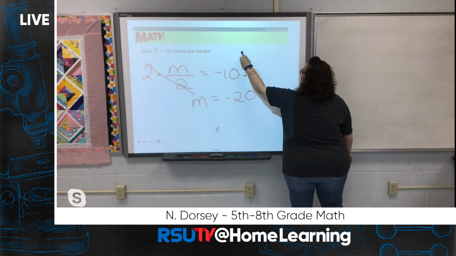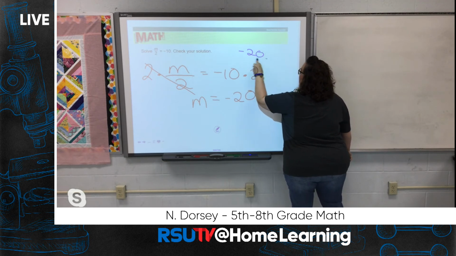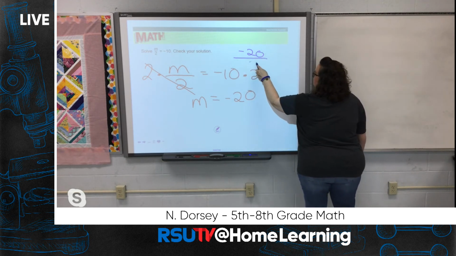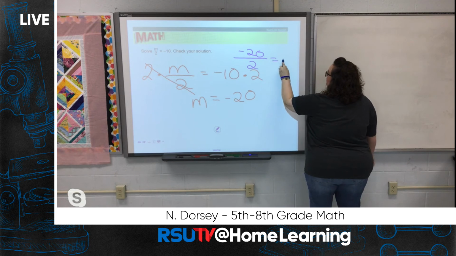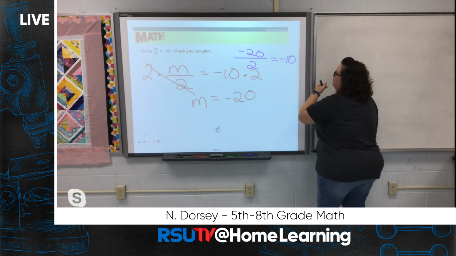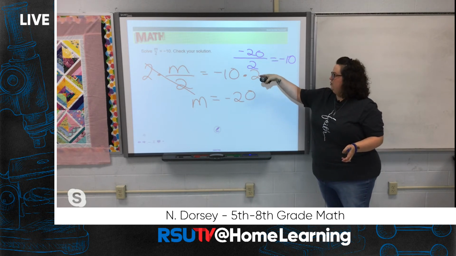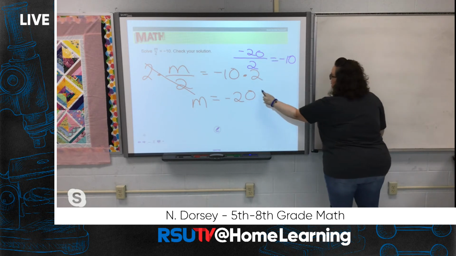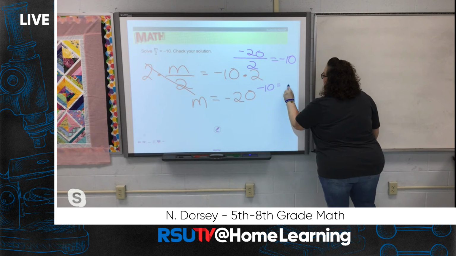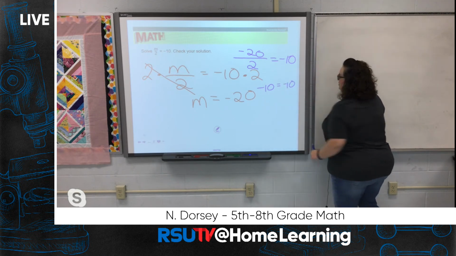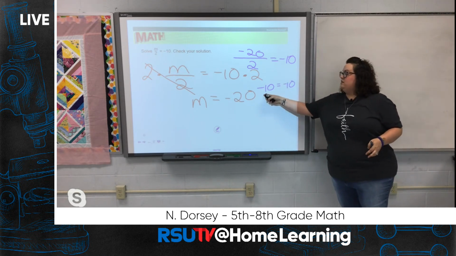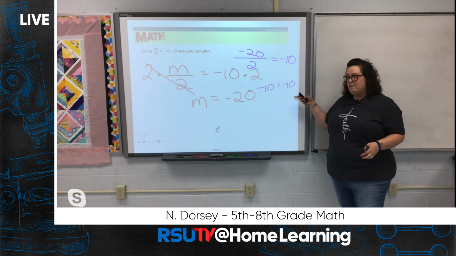So negative 20 goes in the place of m, and the 2 goes where it was at, and that equals negative 10. So now I'm going to do the math. Negative 20 divided by 2, that does equal negative 10, and I now have a balanced equation. Or you could say this is a true statement.